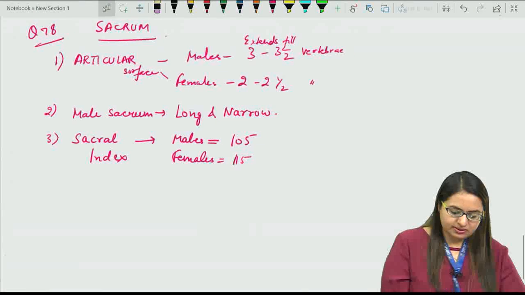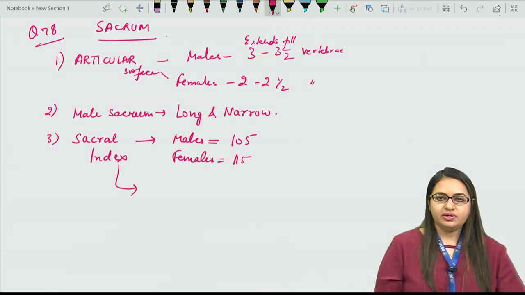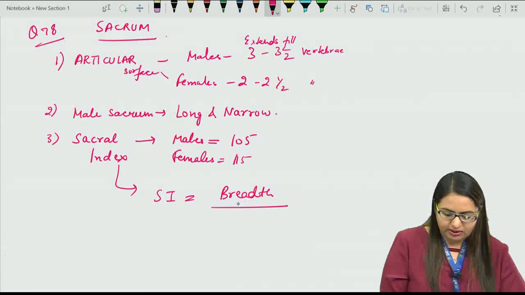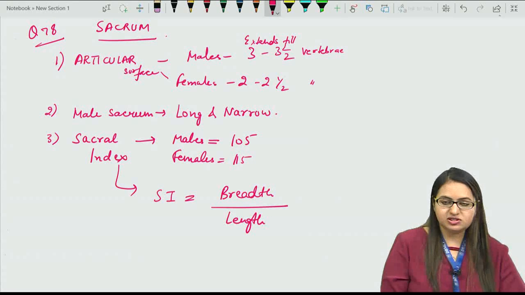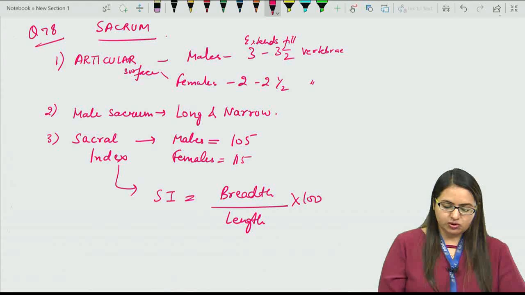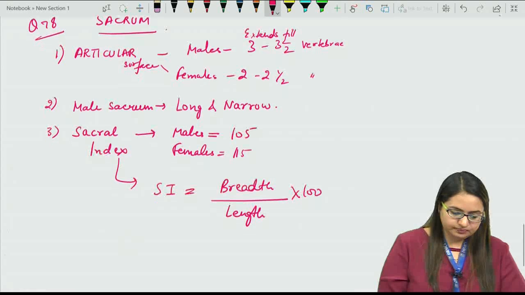The sacral index is actually comparing the length and the breadth. For the sacral index, we measure the breadth at the base of the sacrum divided by the length. The length is from the promontory till the apex of the sacrum, multiplied by 100. So in this way we calculate the sacral index.